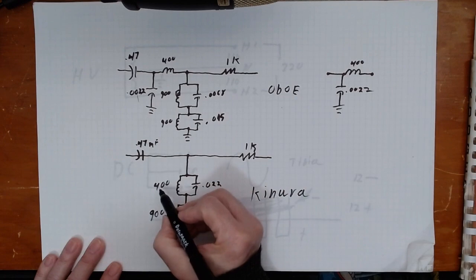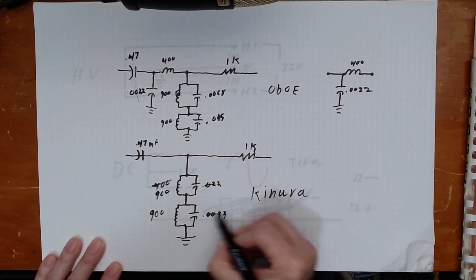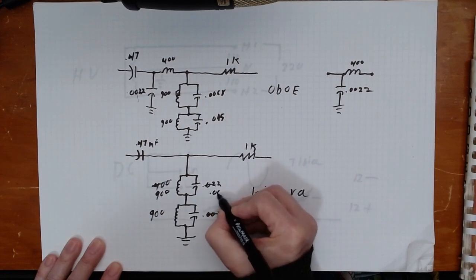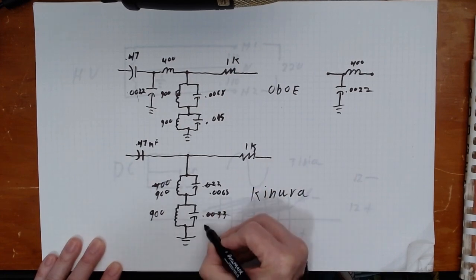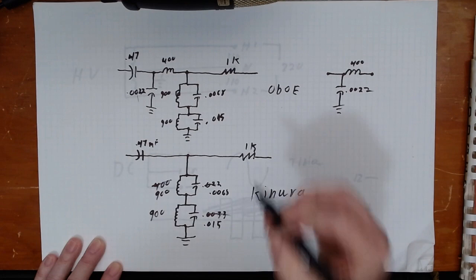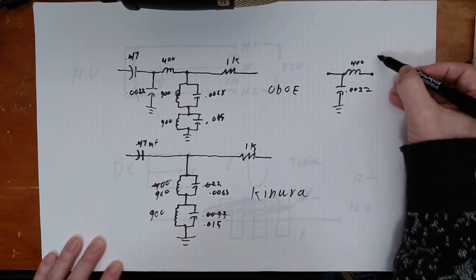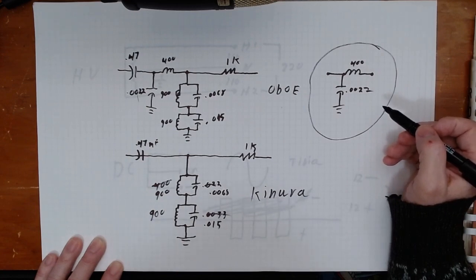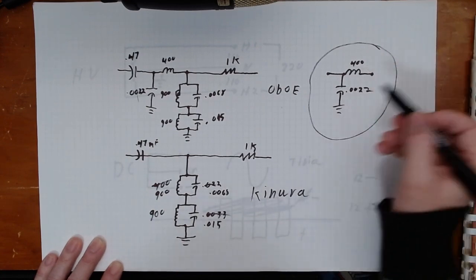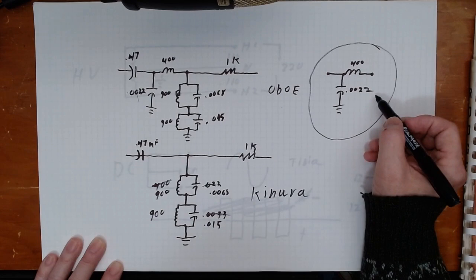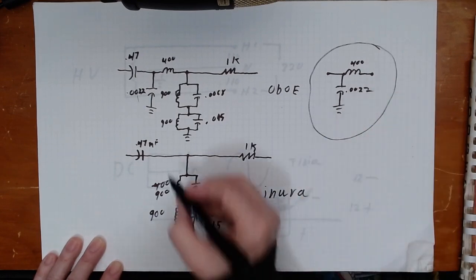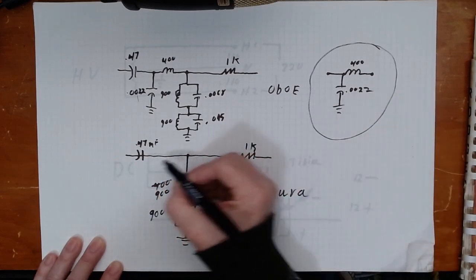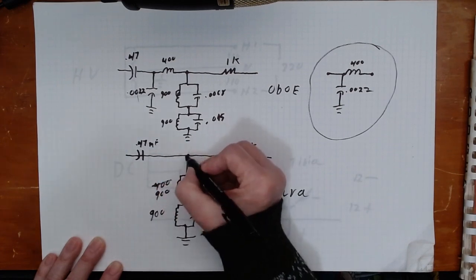So we can change this to 900, change these to the appropriate values, 1.5, and then I can build this circuit here on a separate board with our 400 turn coil and our 0.002 capacitor running to ground, and I can create an insert point right here, and that's done.